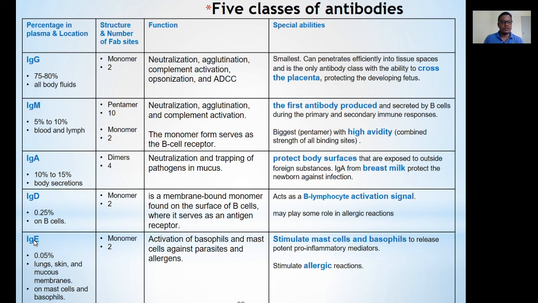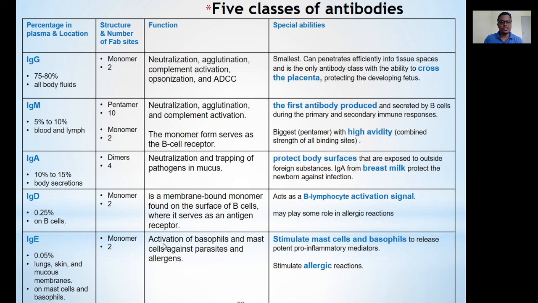And the least common type of antibody found in our bodies is IgE, which is less than 0.05%. The majority of IgE is attached to the surface of mast cells and basophils, and they can be found in the lung, skin, and mucous membranes.